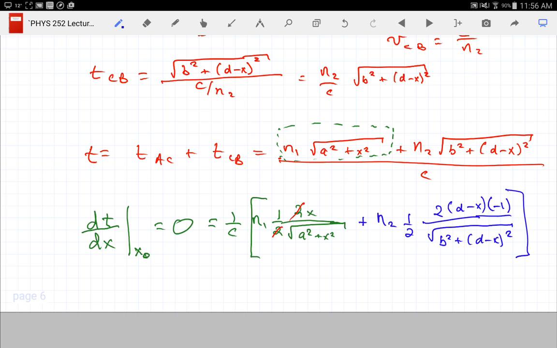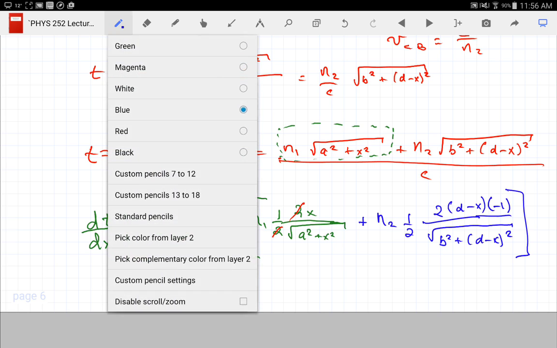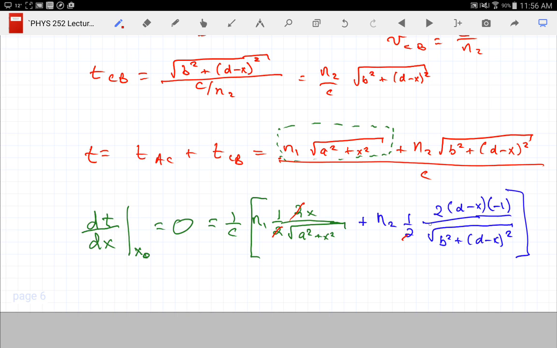So there we have our derivative. Now, can we simplify this? Absolutely. Once again, we have the 2's canceling.